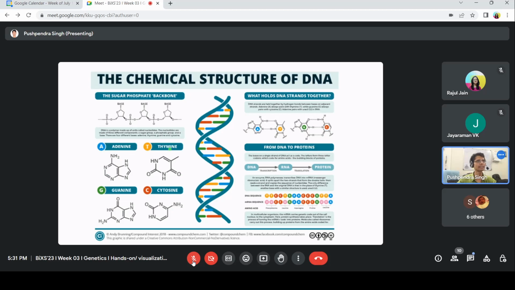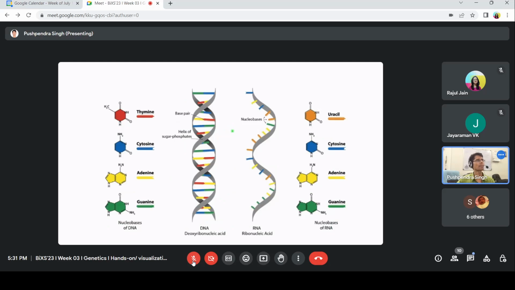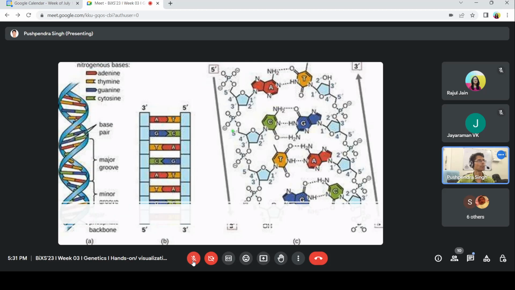They are different classes. But what we mean by DNA sequencing is that we determine what base is here, followed by the next. This is called DNA sequencing, and that basically gives us information about the genetic code.